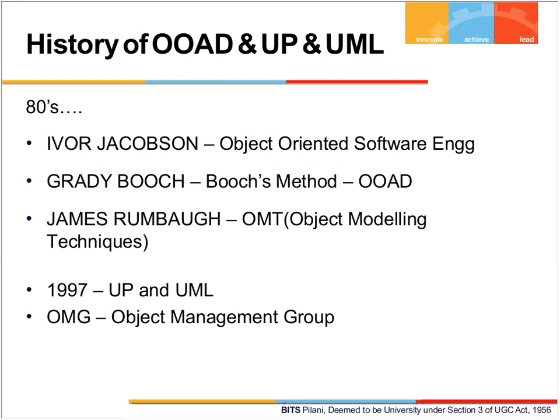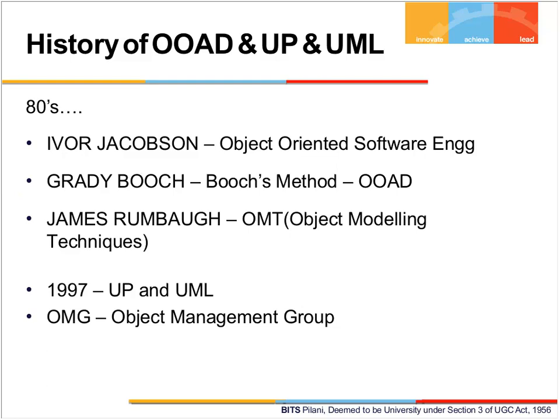It was still in a very starting phase. These three researchers, Ivar Jacobson, Booch, and Rumbaugh, were doing their own research in their own area, separately, and each of them proposed their own idea.